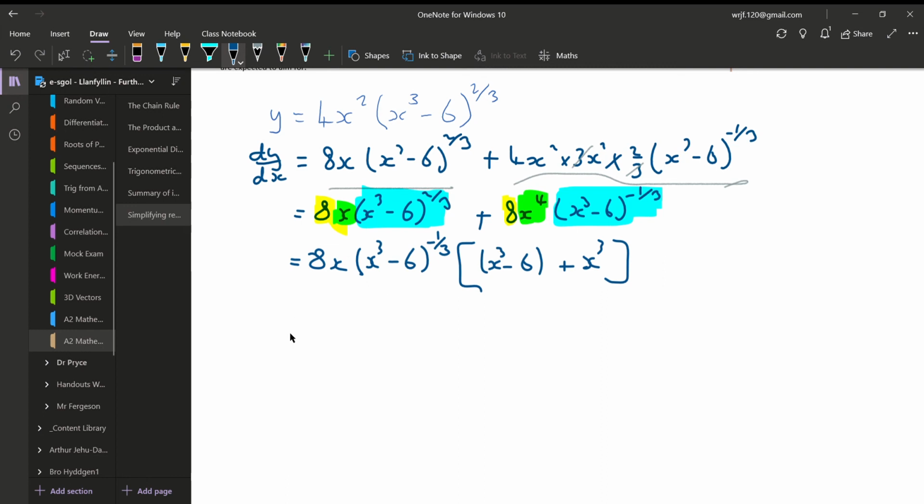And now it's just a case of tidying that up. So I can tidy up the square bracket to leave everything else as it is. Now to the front here, and then that square bracket is an x cubed minus 6 plus an x cubed, so that's really just 2x cubed minus 6.